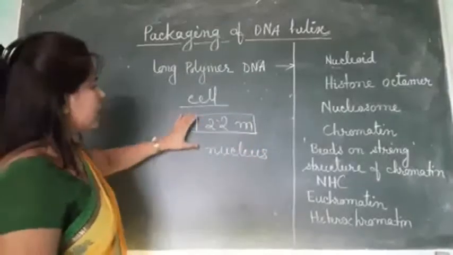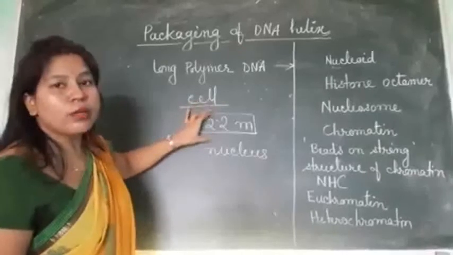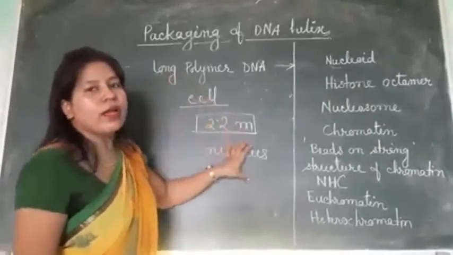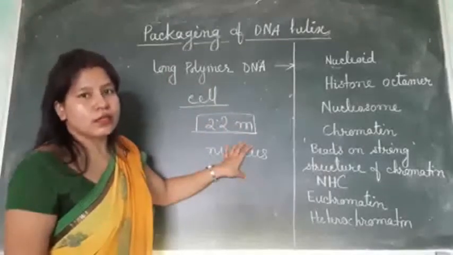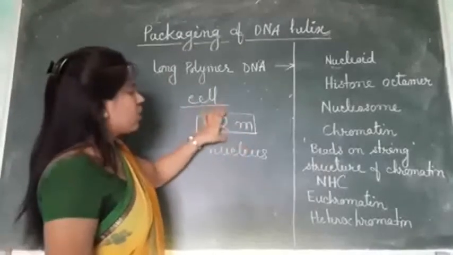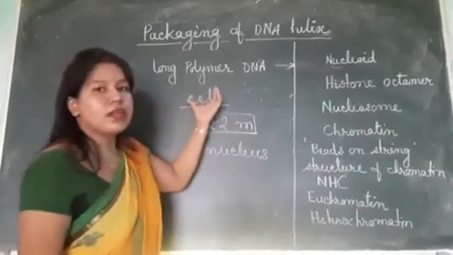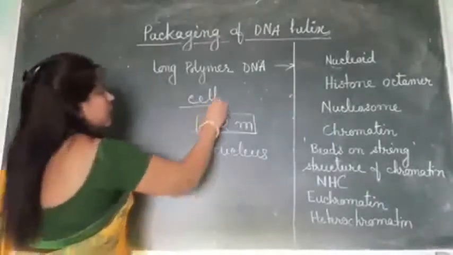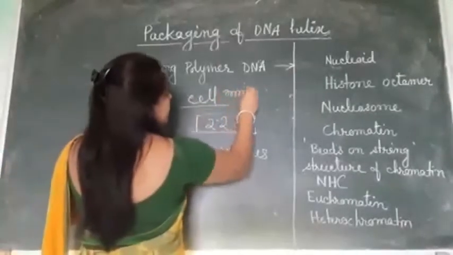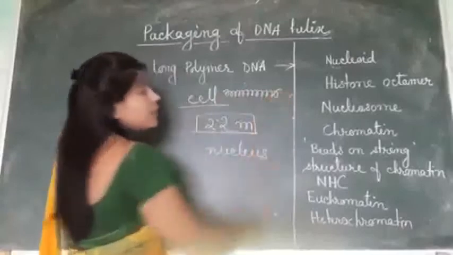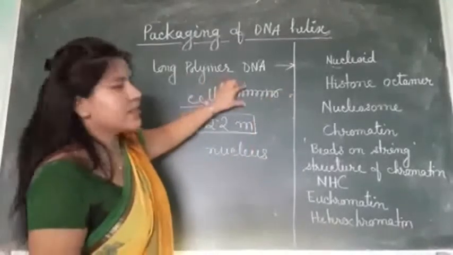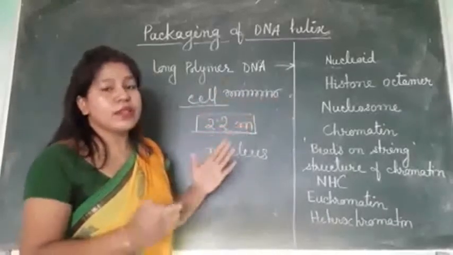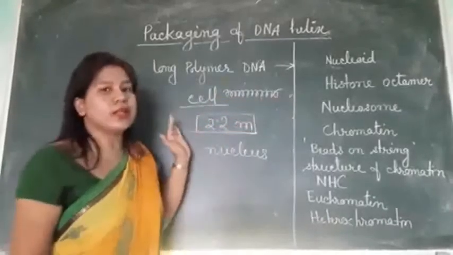Now the question is, how does such a long polymer DNA remain inside the microscopic cell or highly microscopic nucleus? See, inside the cell, DNA remains coiled, and this coiling of the DNA helix minimizes its size and reduces its length.